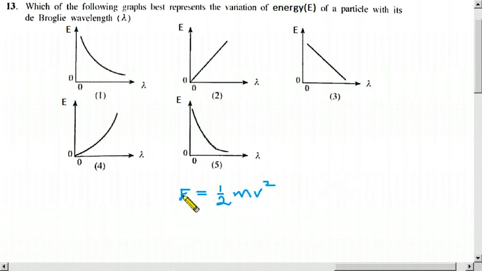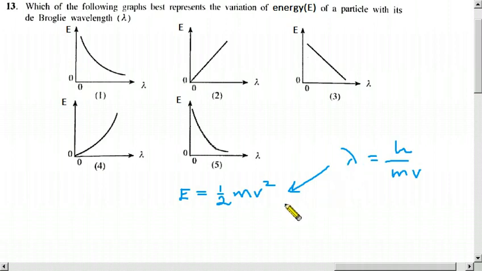So we have to use lambda equals h divided by mv. We should get the relationship between lambda and energy. We have to substitute from this equation.